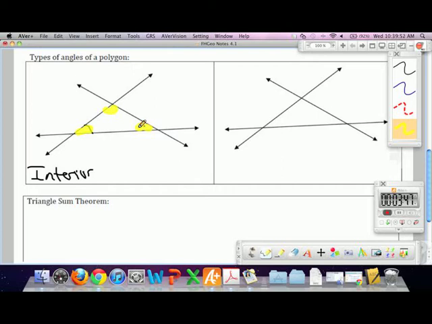The issue is going to come with the next type, which we're going to call exterior angles. But exterior angles have a very specific definition. They're not just the ones on the outside.